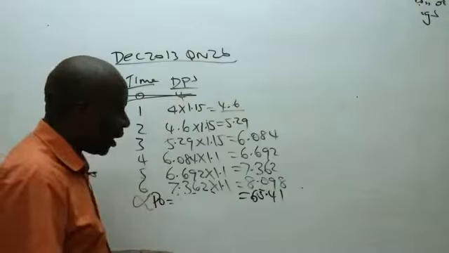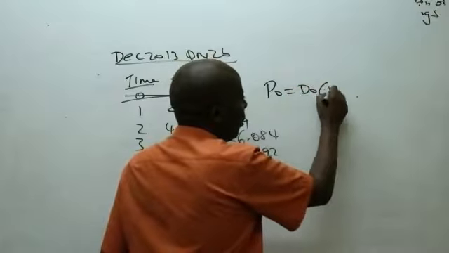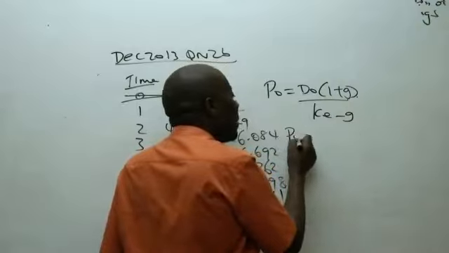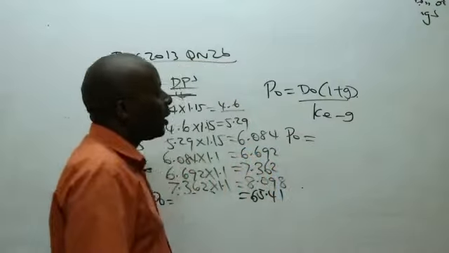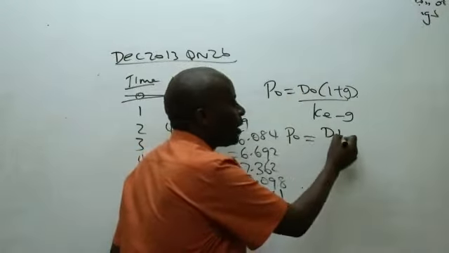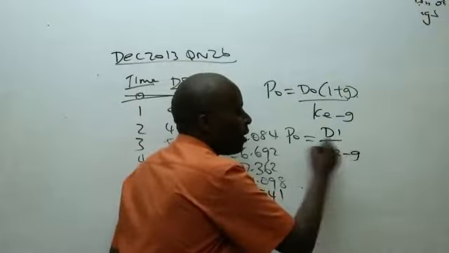And that is why this formula we normally say is D0 times (1 plus g) all over Ke minus g. But if you look at this keenly, you realize most books say D0 times (1 plus g) gives us D1, so D1 all over Ke minus g.